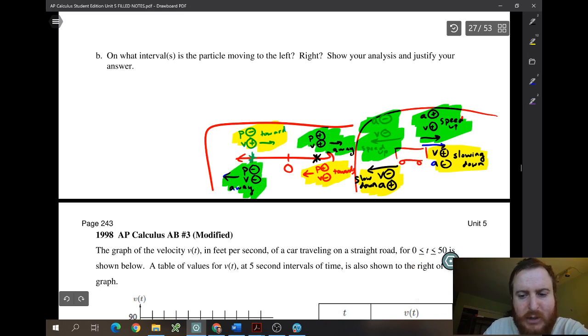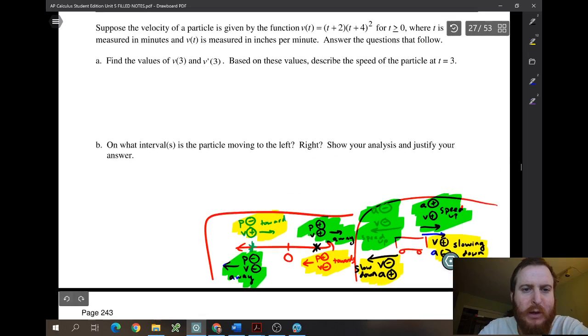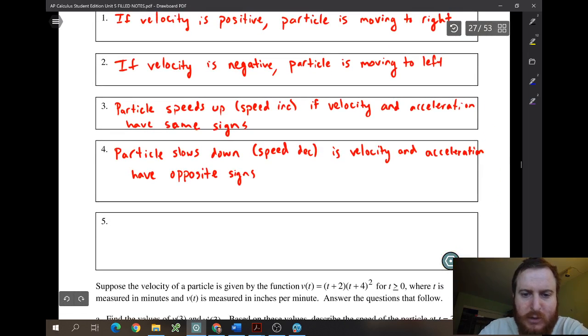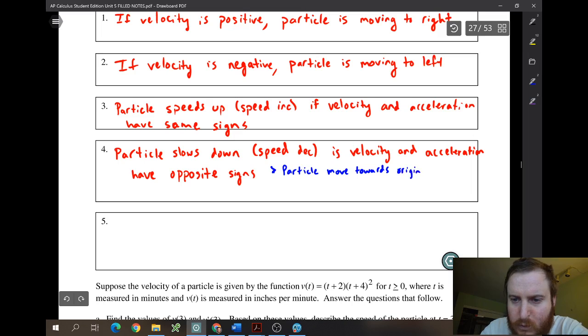So I didn't have this as one of the 5 commandments, but it is something you may want to add on. Maybe just add it here. That's why this box is a little bit bigger. The particle will move towards the origin when the position and velocity have opposite signs.